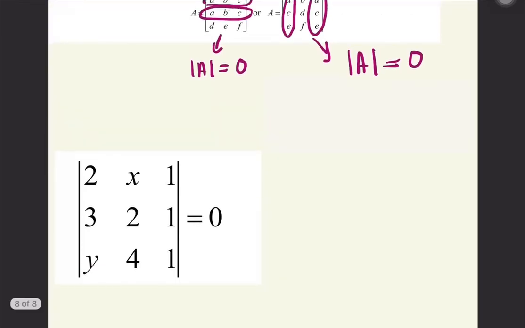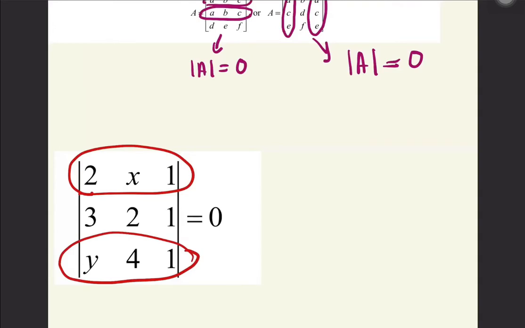So if you compare, you can see the first row with the third row. So therefore, we will have x is equal to 4, y is equal to 2.